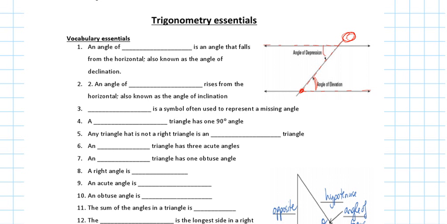So usually the way I draw it, this is your line of sight. You're looking at the clock here, for example, right? So this is going to be your angle of elevation.